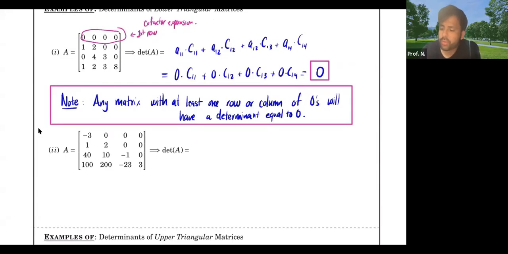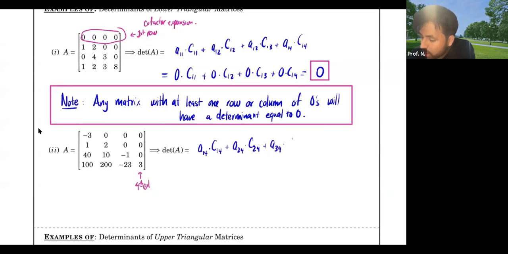Since we already used the first row for the previous example, let's use the fourth column. That's going to look like A14 times C14 plus A24 times C24 plus A34 times C34 plus A44 times C44.